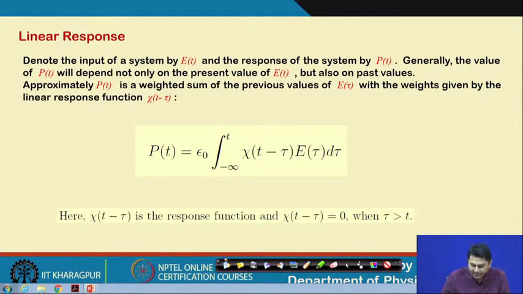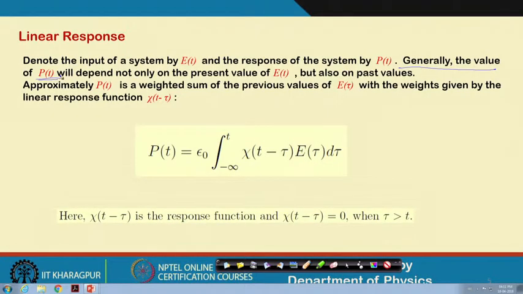This is a very important statement, and we are going to understand mathematically what it means. If I want to find the polarization at time t, that does not mean the polarization appears because of the electric field launched at time t. Rather, I launched the electric field before, and after that I get the polarization.